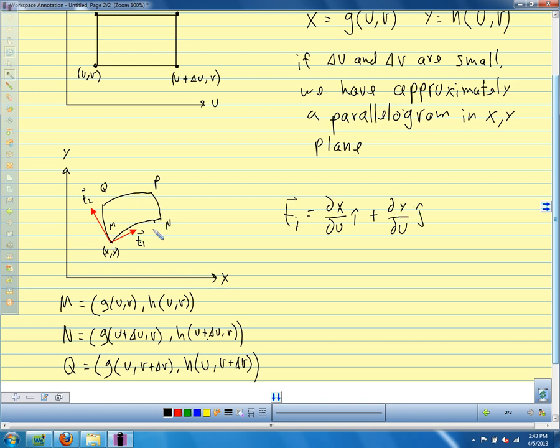We're moving in the u direction. And t2, the second tangent vector, is going to be dx dv i hat plus dy dv j hat.